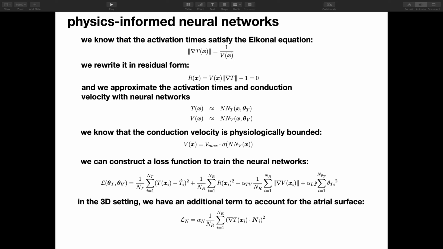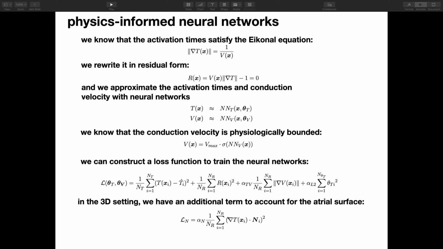Then we train the neural network to minimize this loss function, which has this data fidelity term and minimizes the residual of the PDE, in our case the eikonal equation. We also add a total variation regularization term for the conduction velocity, and also some terms to regularize the neural network.